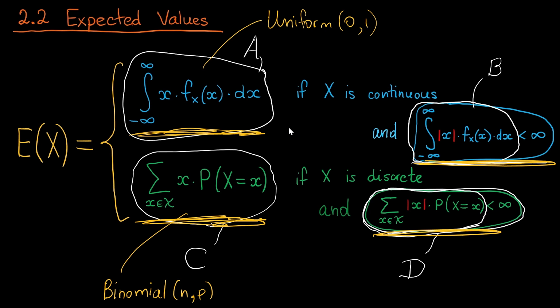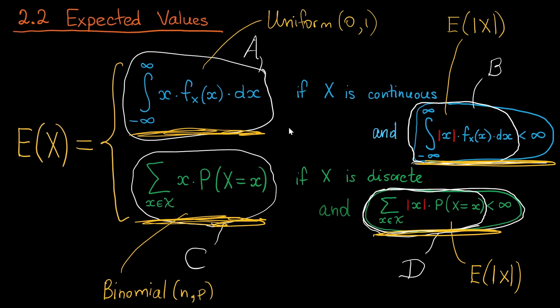This condition in B can be seen as being just the expected value of the absolute value of the random variable x. And same here. So in other words, notice that the expected value of x is legitimate only if the expected value of the absolute value of x is finite.